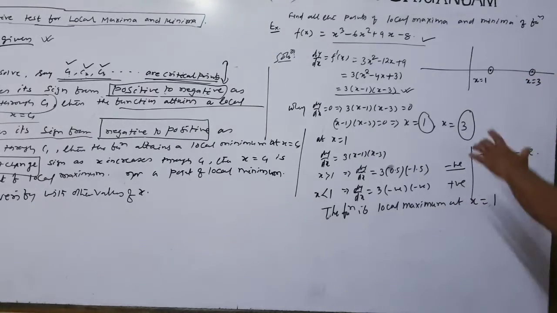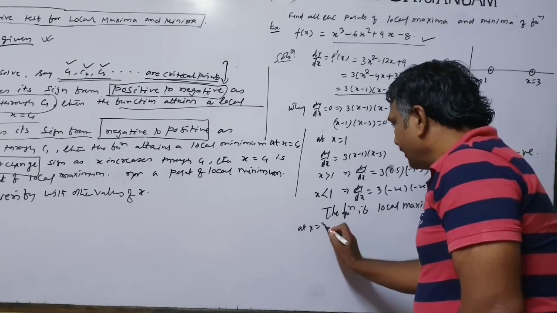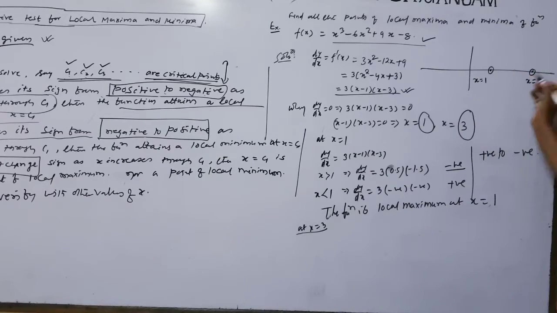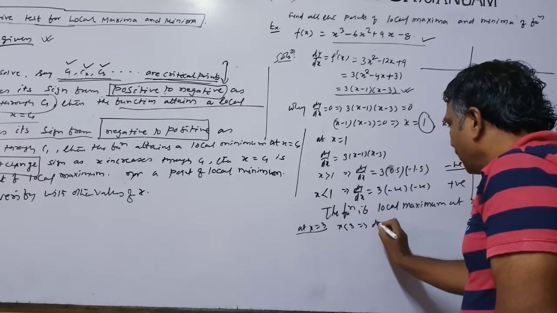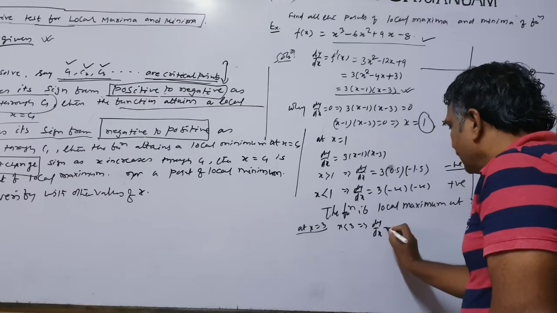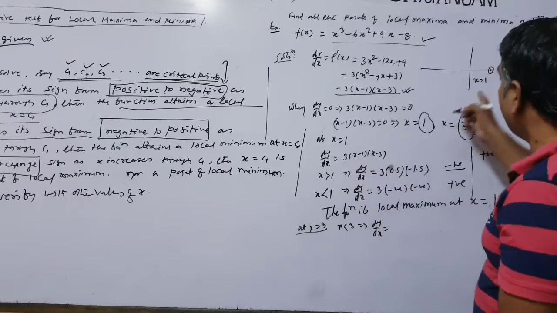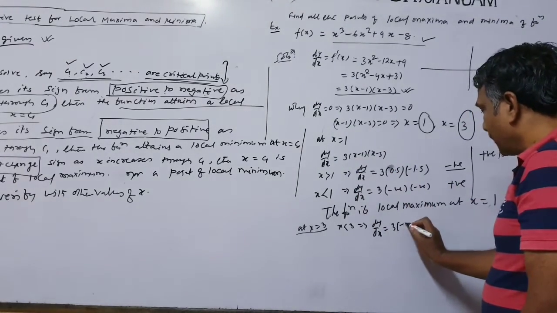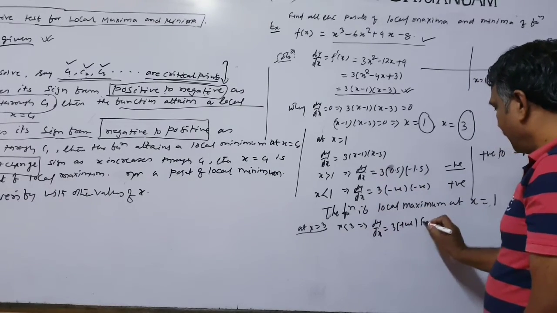Okay. Similarly, another point is at x equal to 3. So less than 3 and greater than 3. Okay. X is less than 3. What is the dy by dx? Less than 3 means this is negative, but greater than 1, this is positive.